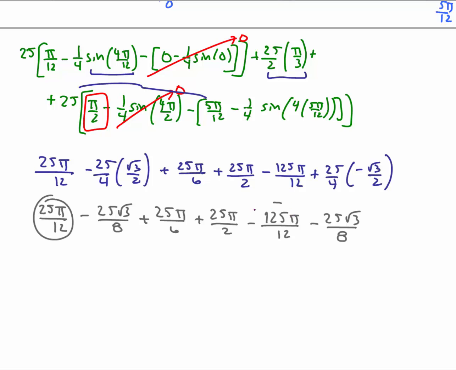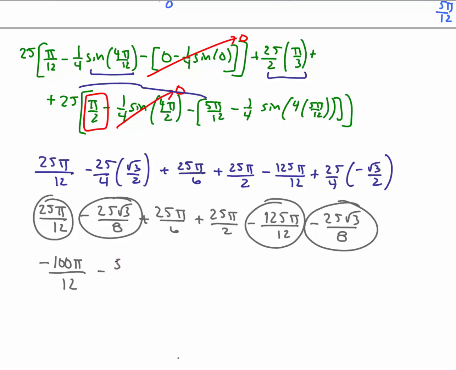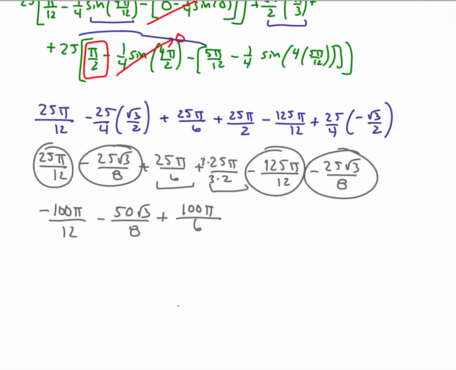For instance, I have 25 pi over 12, negative 125 pi over 12 is a negative 100 pi over 12. Minus 25 root 3 over 8 minus 25 root 3 is minus 50 root 3 over 8. And these I can combine as well if I multiply top and bottom by 3 for that common denominator. So 25 pi plus 75 pi is 100 pi over 6.